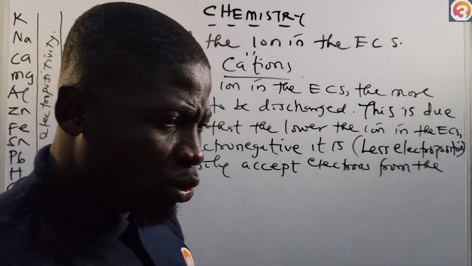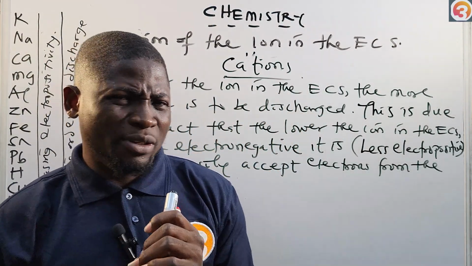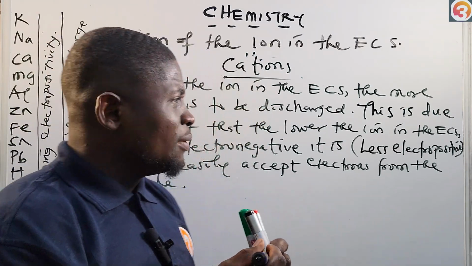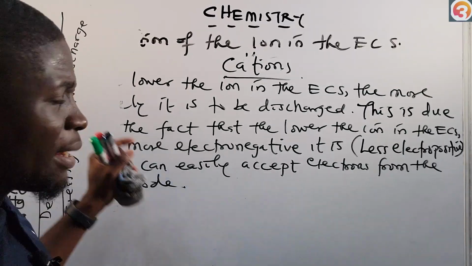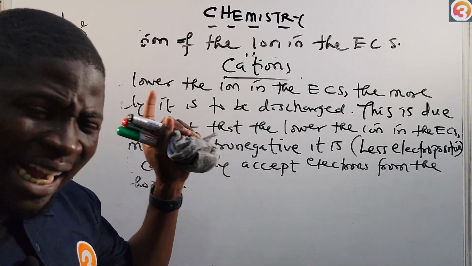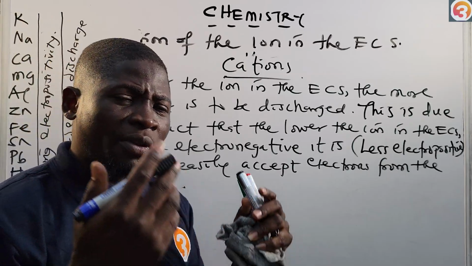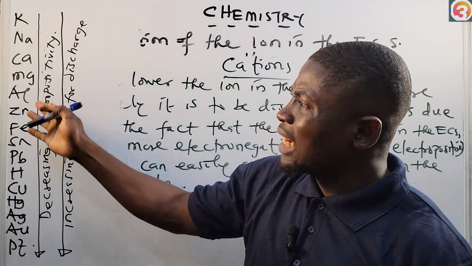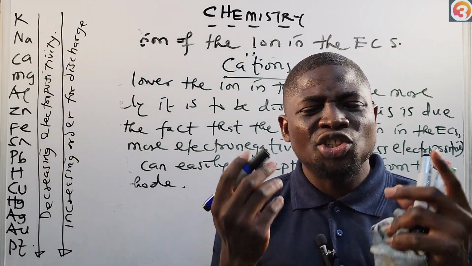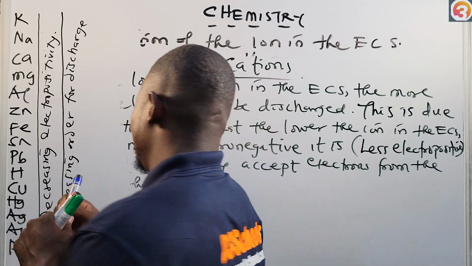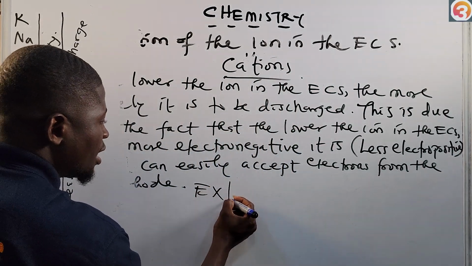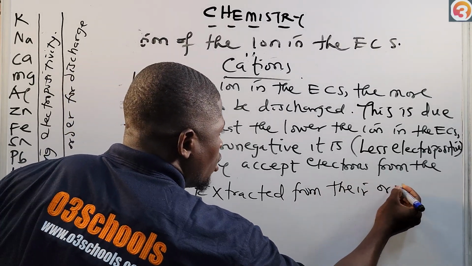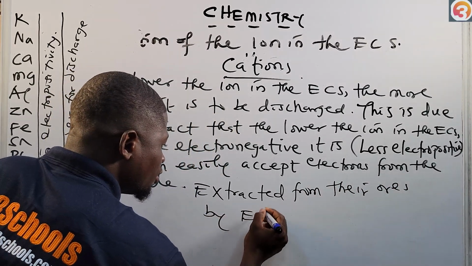Another important thing about the cations is that the most reactive metals, the most reactive ions at the top of the electrochemical series, can be extracted from their ores by electrolysis.